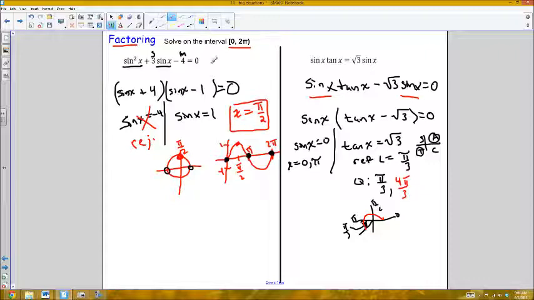Okay, so those are my two solutions from that portion, and what I end up with altogether are 4 answers. So x could be 0, could be pi over 3, could be pi, or could be 4 pi over 3. So I get 4 solutions, 2 from sine and 2 from tangent.